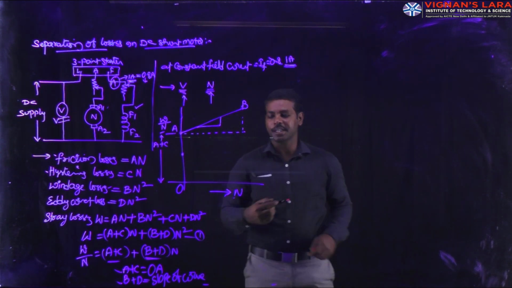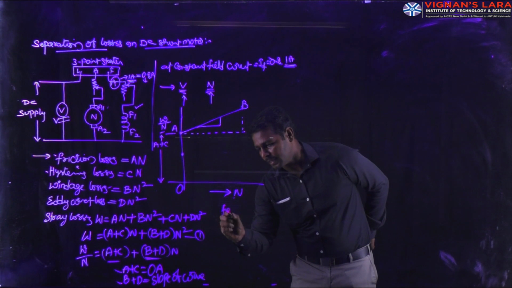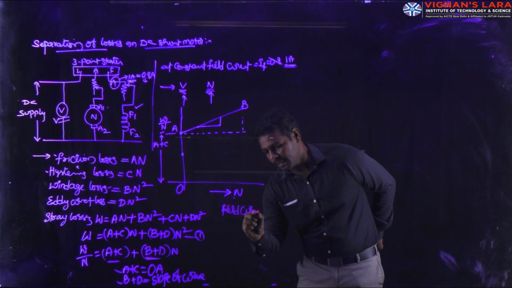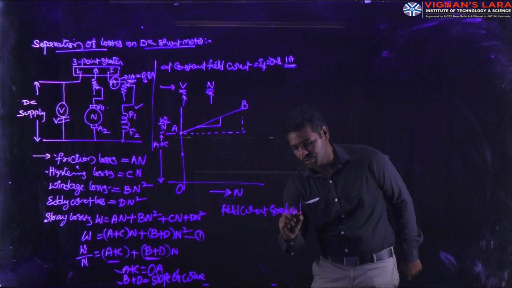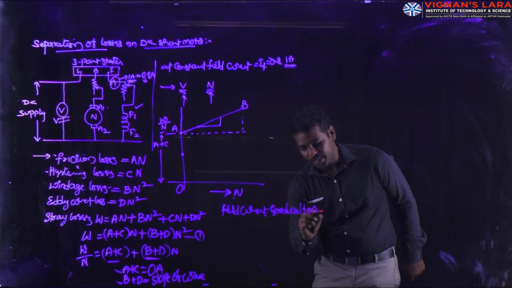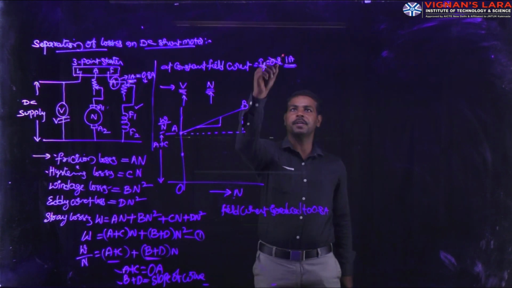So the second condition is the field current reduced to 0.8 amperes, previously 1 ampere.